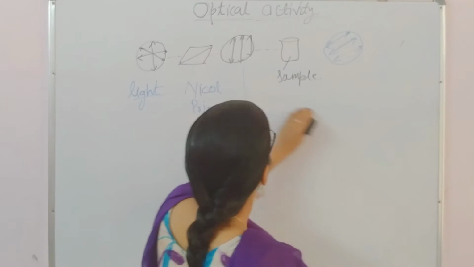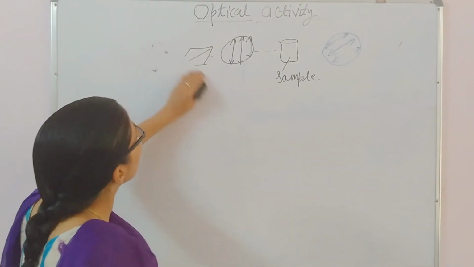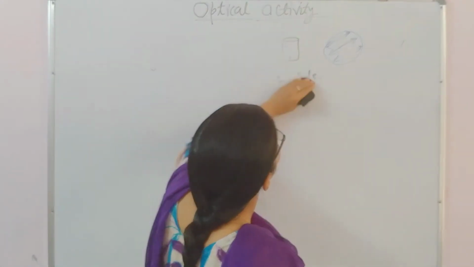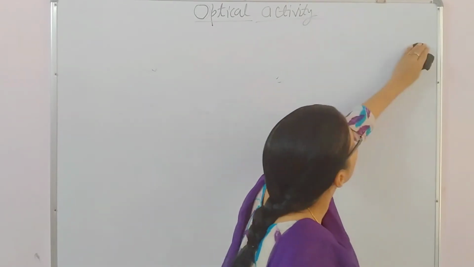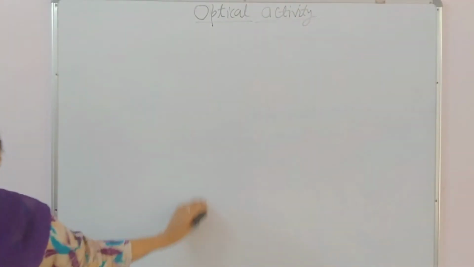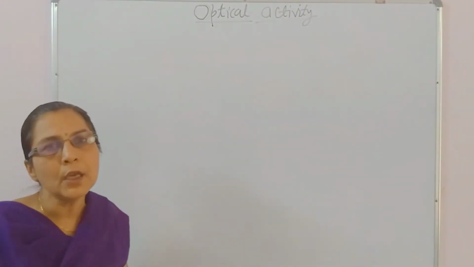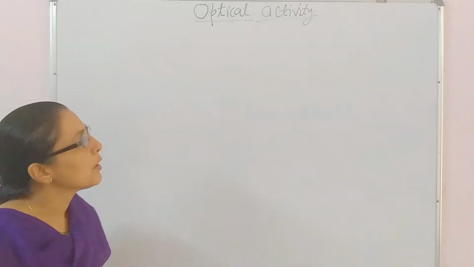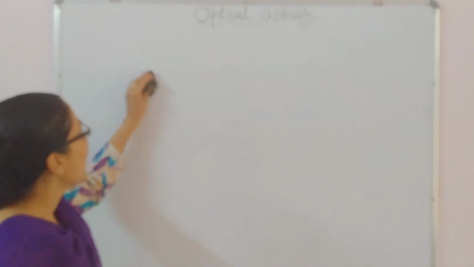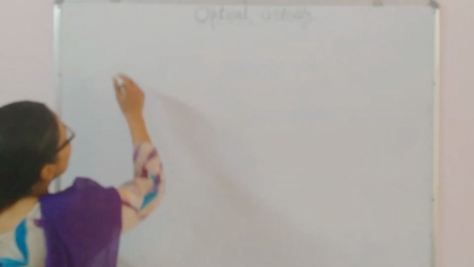So, optically active compounds are compounds which will rotate plane polarized light either in the dextro direction or in the levo direction. So, what is the condition for an optically active compound? There is a word, chiral.